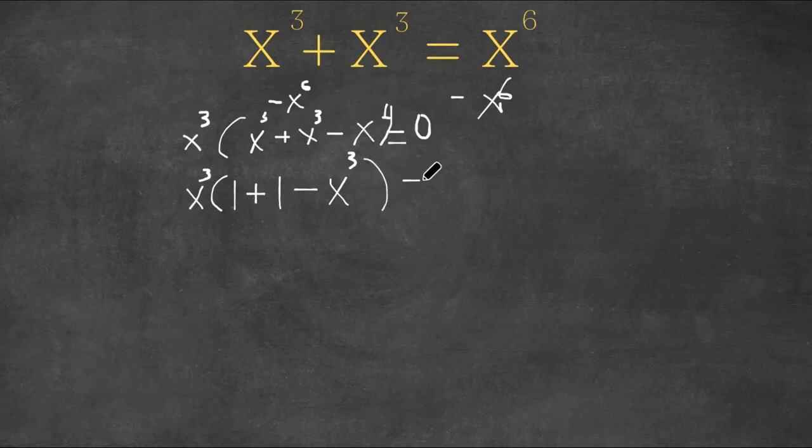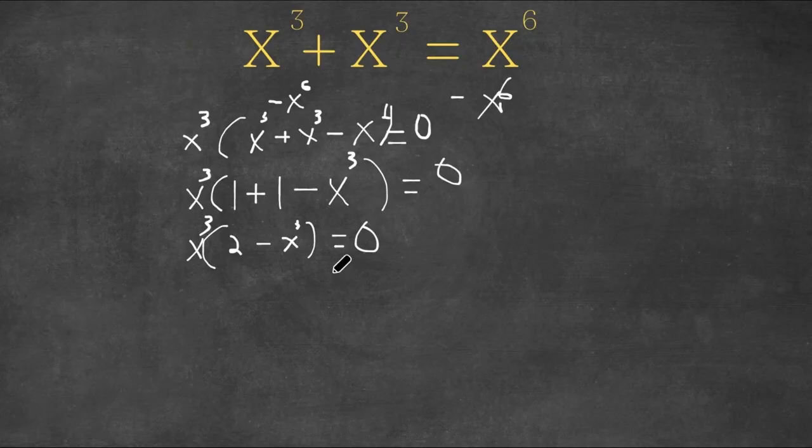So now that we have this equals 0. And this can be simplified into x to the power of 3 times 1 plus 1 is 2 minus x to the power of 3 equals 0.